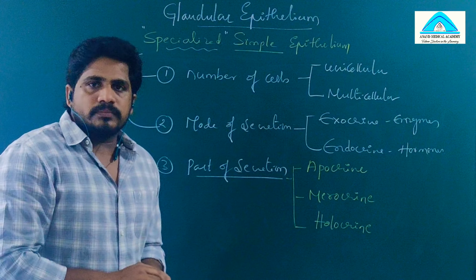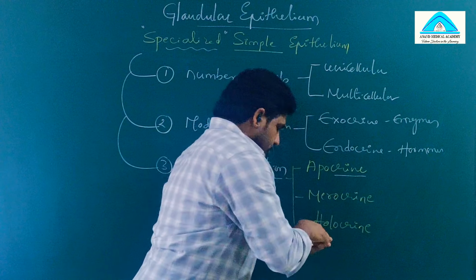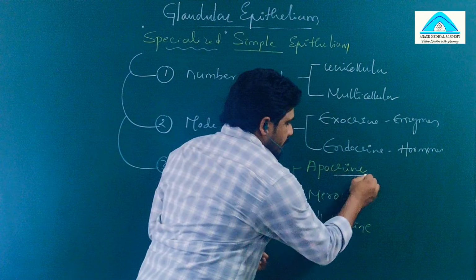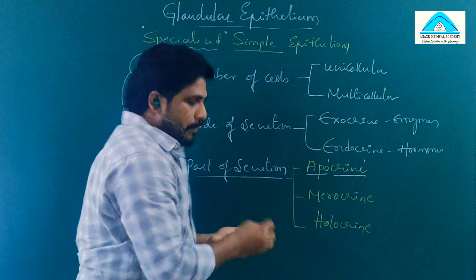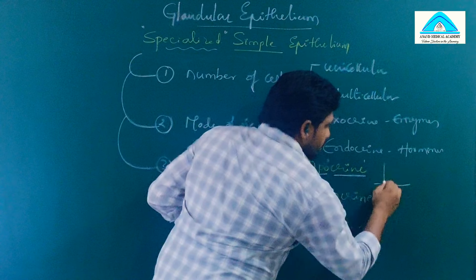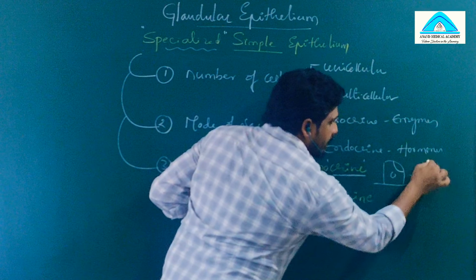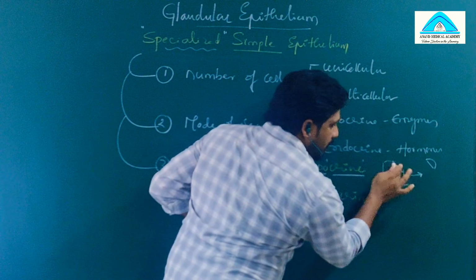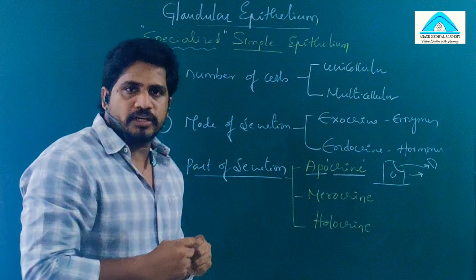As of now, the terminology helps you to understand. Crine means secretion. Apo means apical part. Suppose this is the cell, only the apical part can be secreted, meaning this part goes off from the main portion as a secretion.